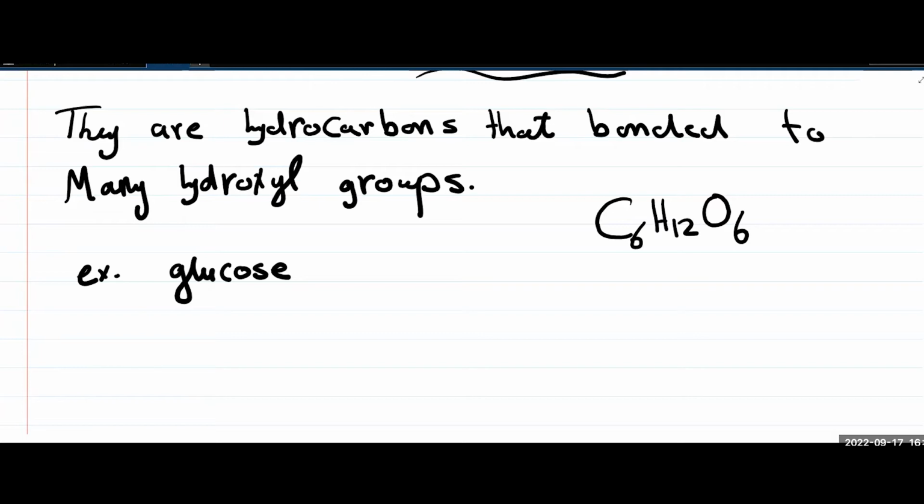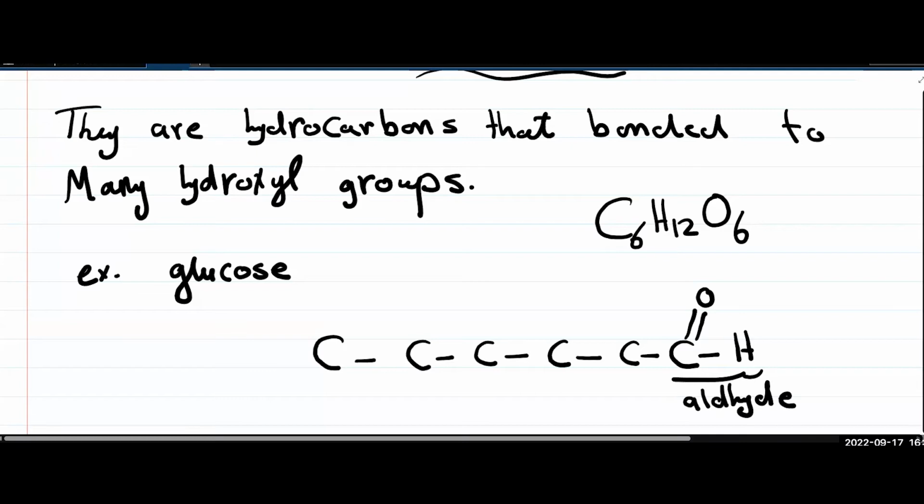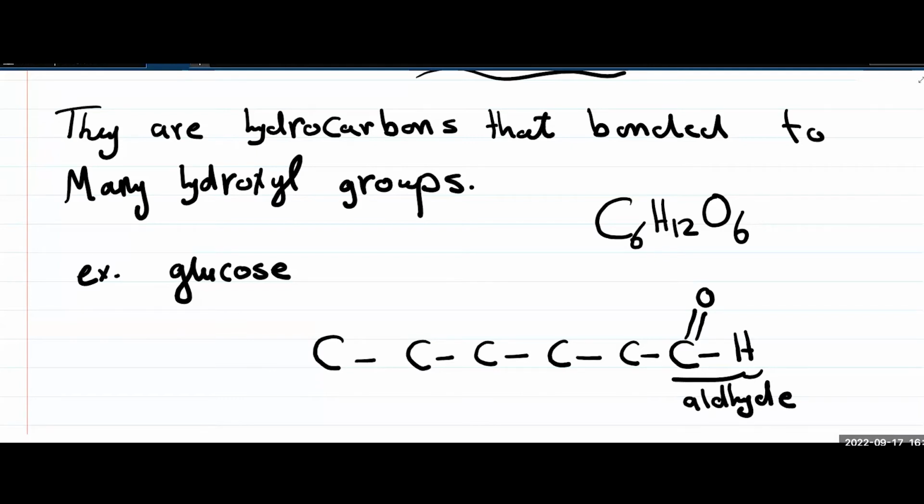So at least I know that glucose has 6 carbons bonded to each other: 1, 2, 3, 4, 5, 6. And the first carbon has a functional group, this part called aldehyde. And after that, each single carbon found in that molecule is bonded to one hydroxyl group.